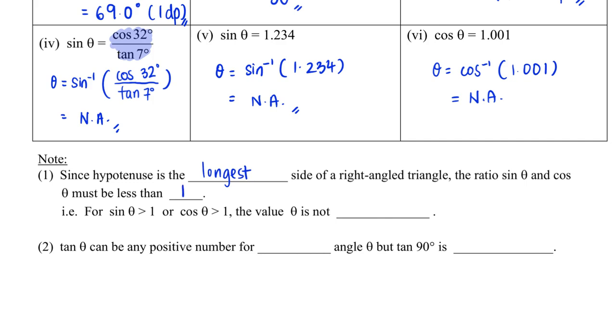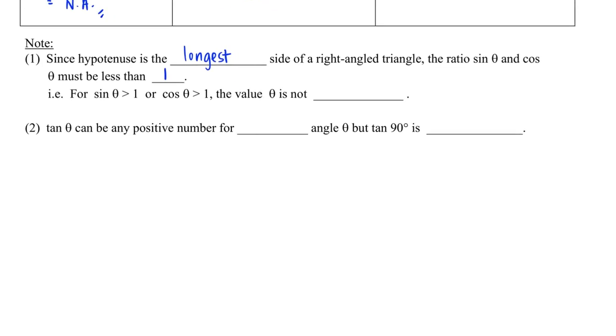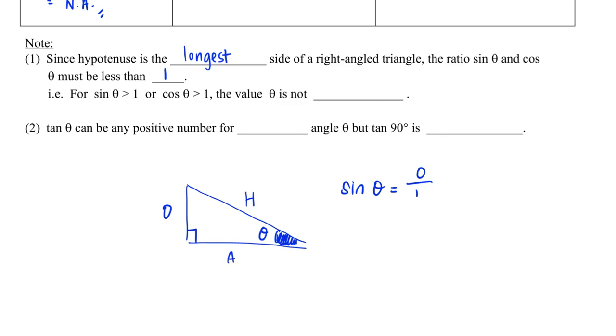Why is this so? I'm going to illustrate with any given triangle. H, and if this is the angle that we are talking about, this will be O and this will be my A. Sine of this angle is O divided by H.